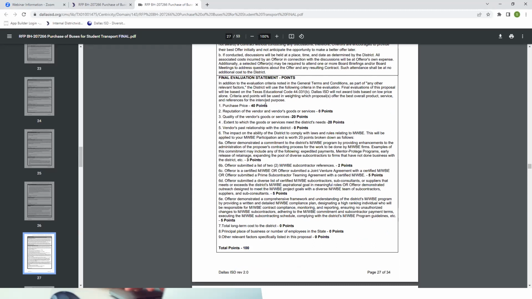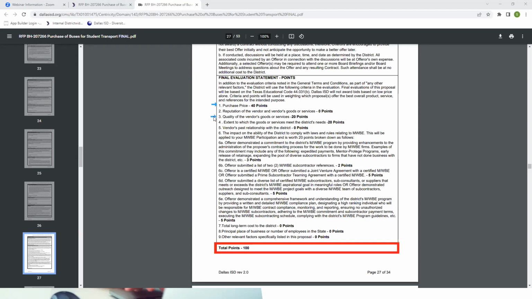So here is the final evaluation statement, the points. Remember, I was telling you that Dallas ISD operates on a point scale of 100. So the total points is 100 here. Now, if you look at the various information, you see there's 40 points here, right? So the purchase price is 40 points.